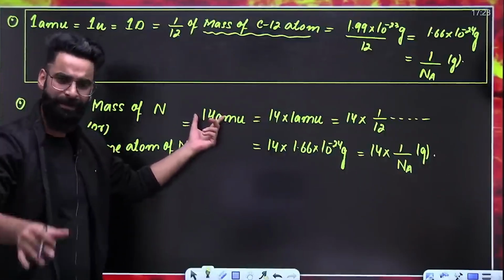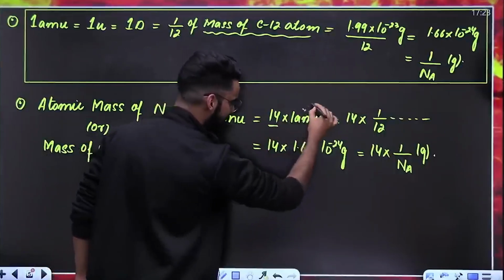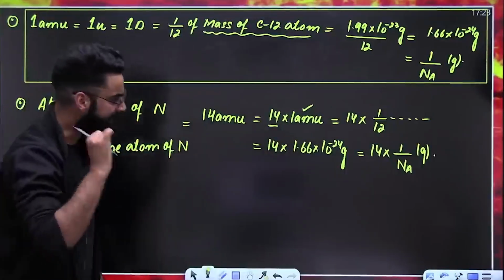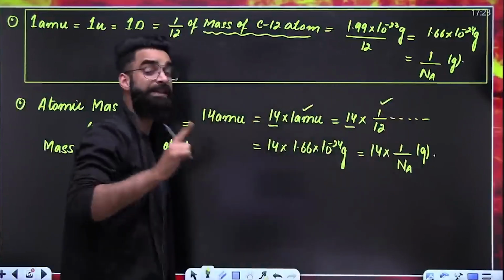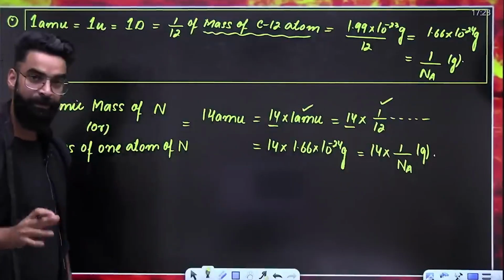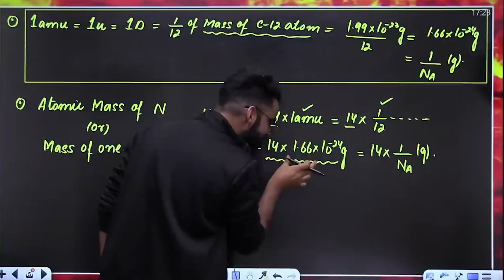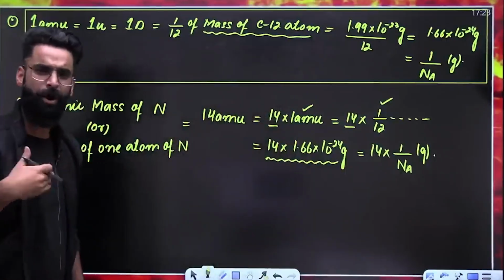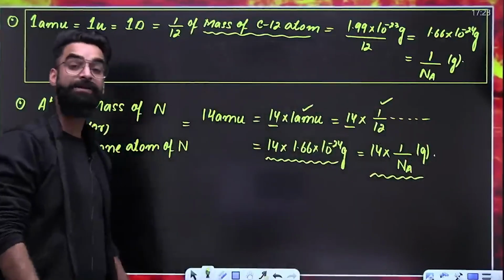That means one atom of nitrogen is 14 times heavier than 1 AMU, that is, 14 times heavier than 1/12 of the mass of carbon-12. This is basically the mass of one nitrogen atom in grams, and this term here is again the mass of one nitrogen atom.